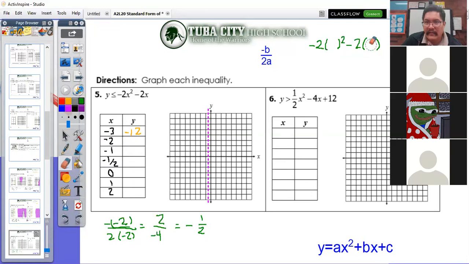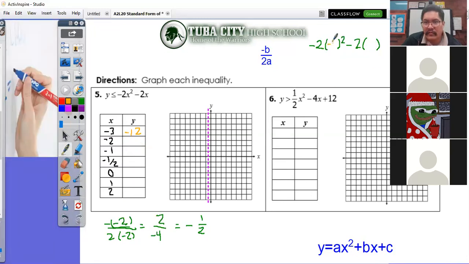Continuing that procedure, we go to negative 2. So negative 2 squared is positive 4. Positive 4 times negative 2 is negative 8, plus 4, because negative times negative is positive, and this would be negative 4.